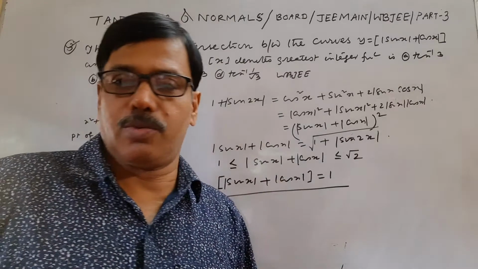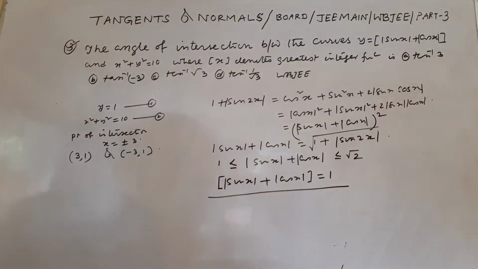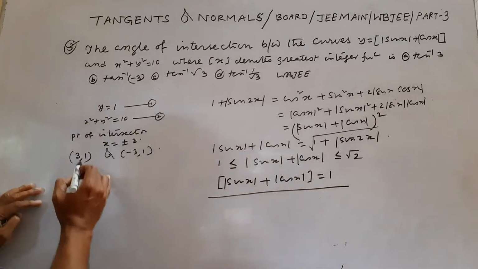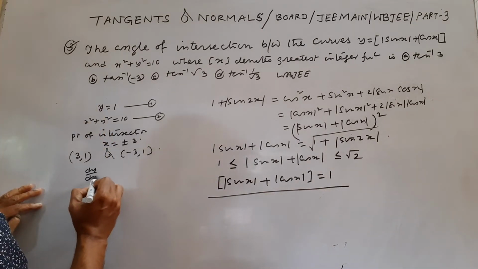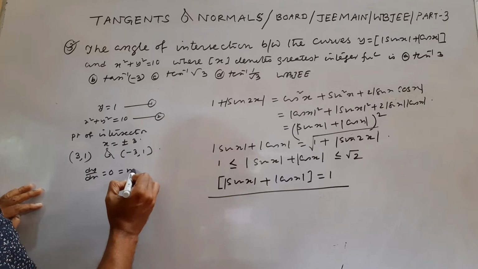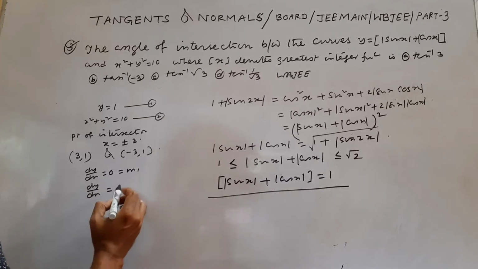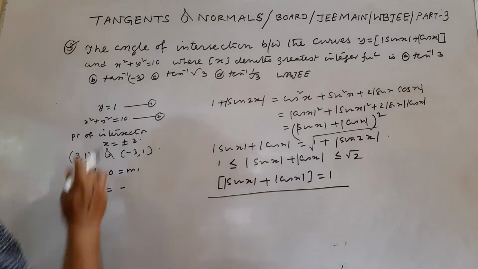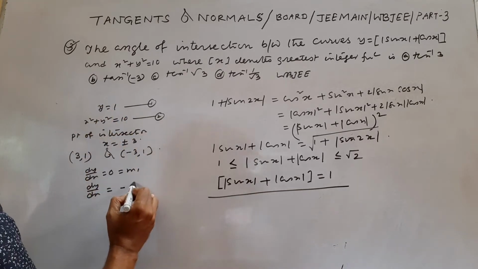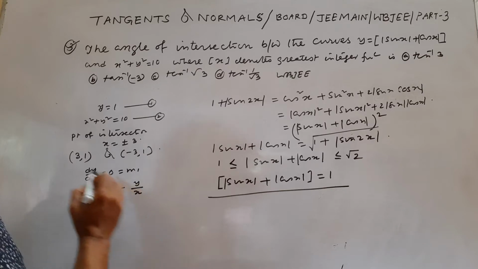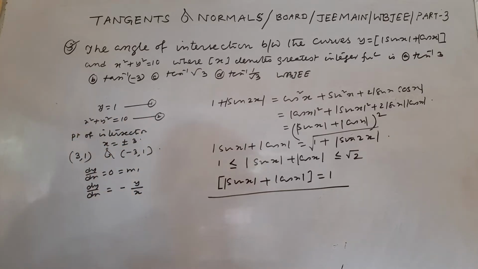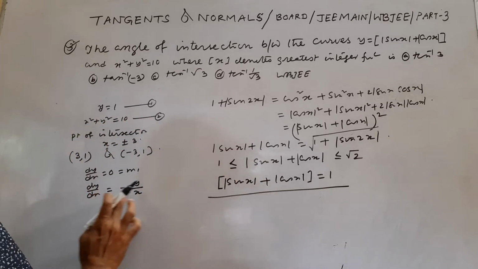So angle between two curves is the angle between their tangents. So dy/dx equals 0, this is m1. dy/dx for circle: 2x plus 2y dy/dx equals 0.